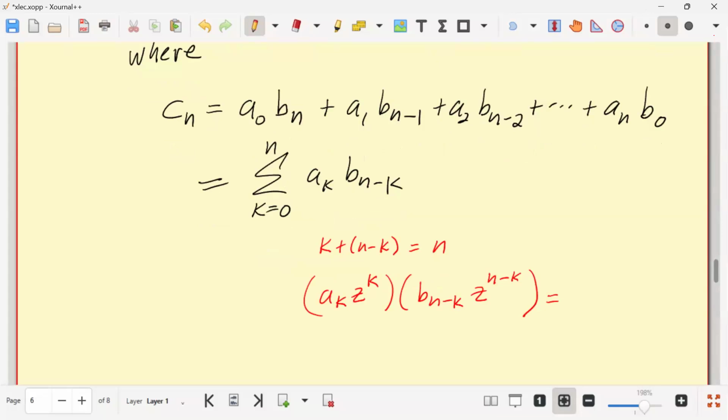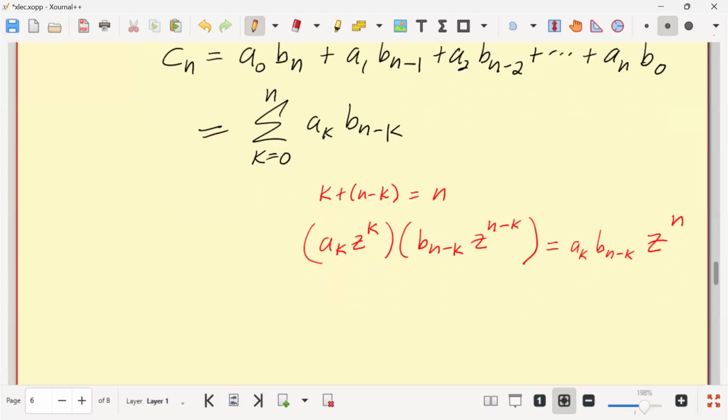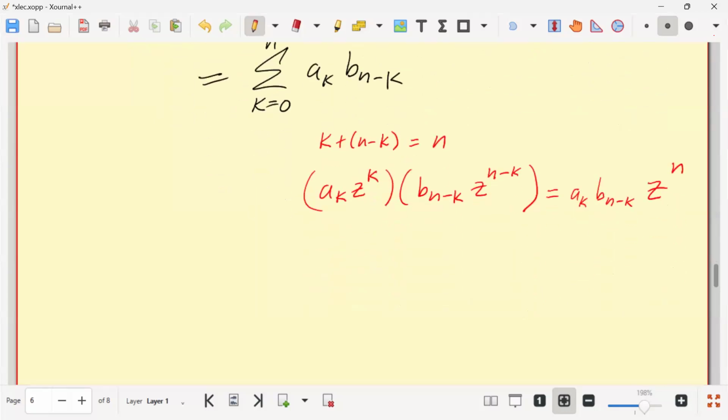So we get a z^n coefficient, and that's all possible ways to get a z^n coefficient when you multiply the terms of the power series. Okay. And a fun way to prove this is to use Taylor's formula.